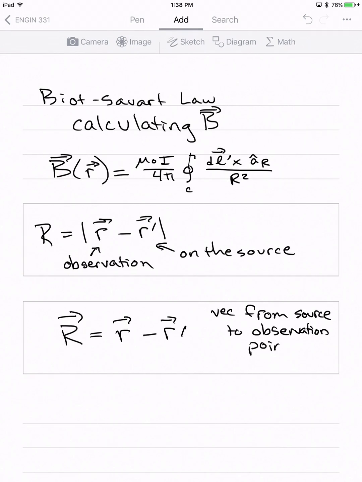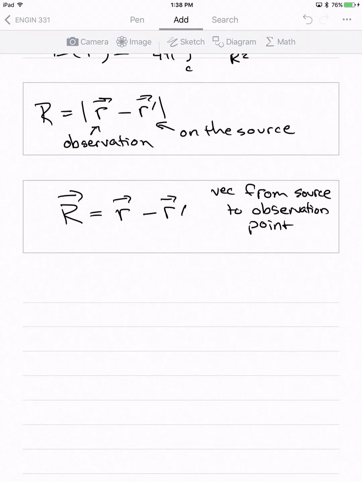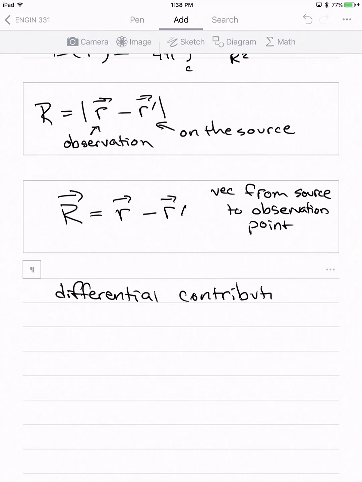All right. You can also look at the differential contribution from a small piece of the loop. And that small piece of the loop would be I, the current carried by the loop, times dl, the length and direction of that little tiny piece of the loop.